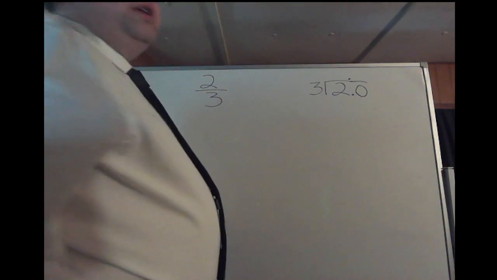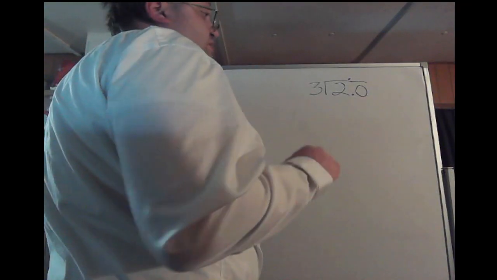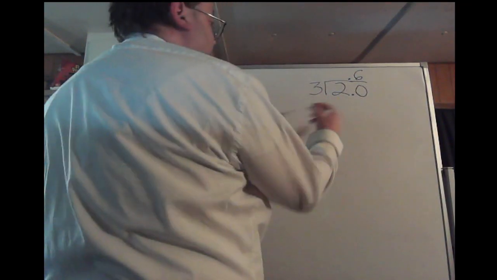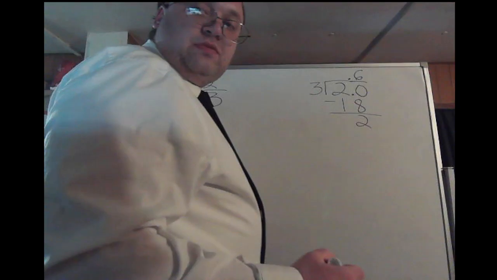Put the decimal point up above in the quotient. 3 doesn't go into 2, but it goes into 20. So 3 goes into 20 how many times? 6 times. So 6 times 3, that's 18. 20 minus 18, that's 2. Well, looks like we have a remainder of 2.